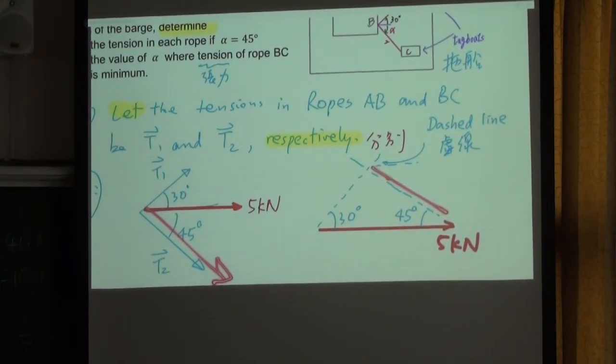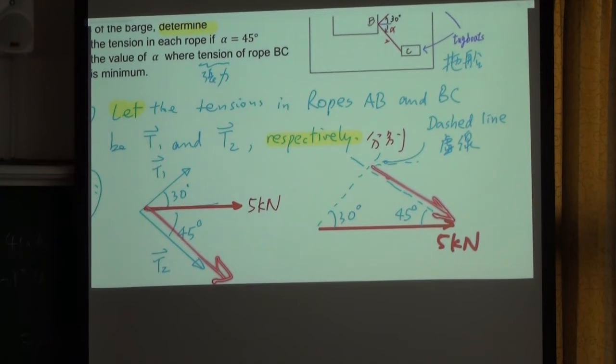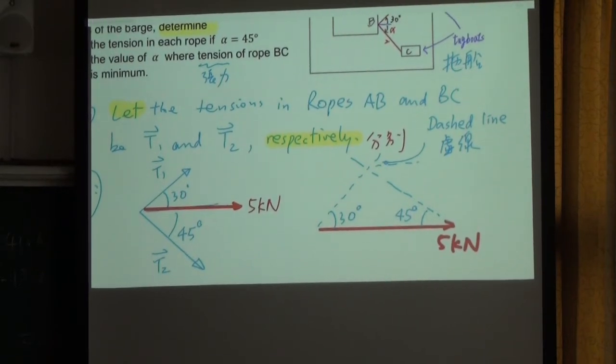We don't know how long it should be. So we have T1 and T2; we know the angles, but we don't know the magnitudes of T1 and T2. But we know the magnitude of the resultant.